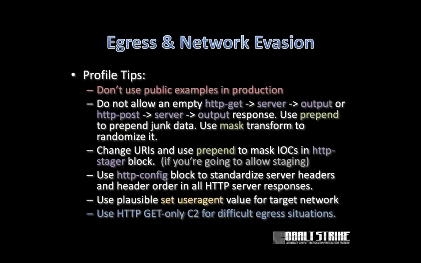The next one I want to speak to is the staging process for staging Beacon over HTTP. I very much recommend you take advantage of the HTTP stager block to change what staging looks like on the wire. And again, just let me explain what everything looks like and share how you can change that.